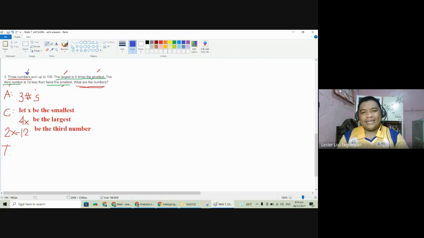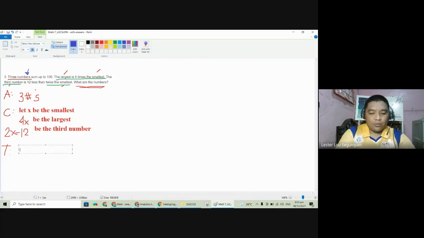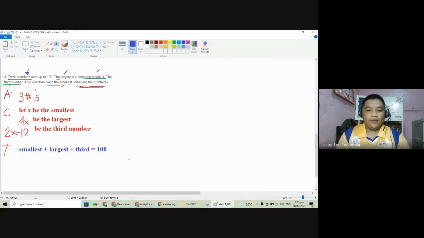What are they? They are actually the smallest, the largest, and the third number, when added, will result to 100. So this is now what the first statement is telling us, that their sum must be 100.